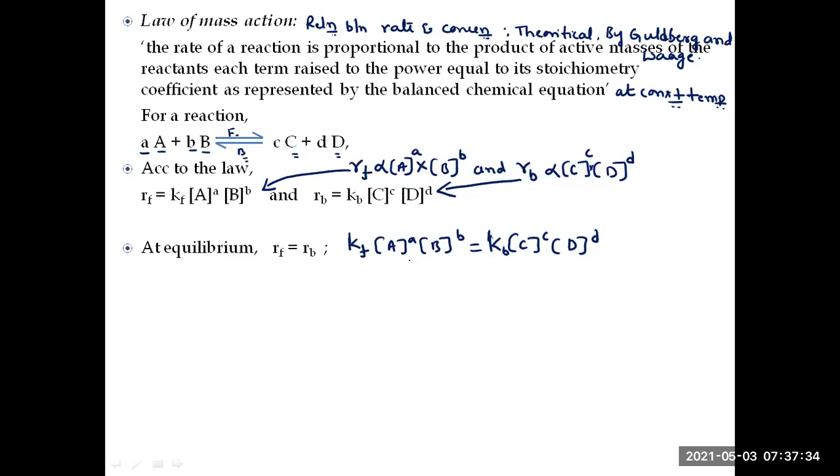Now you can bring the A, B concentration terms to the right hand side and Kb to the left hand side. Then you get Kf by Kb is equal to [C]^c [D]^d divided by [A]^a [B]^b.